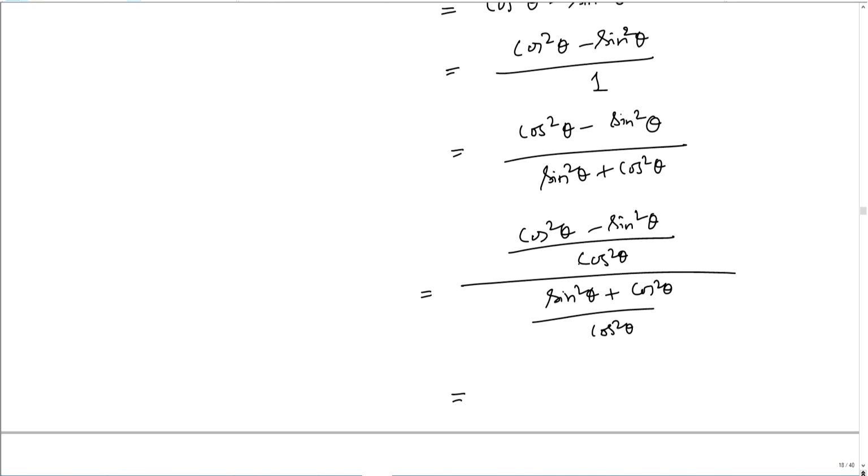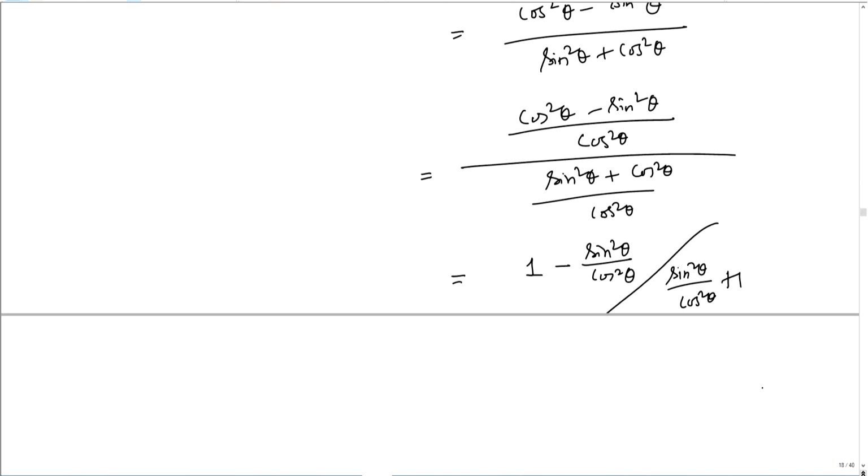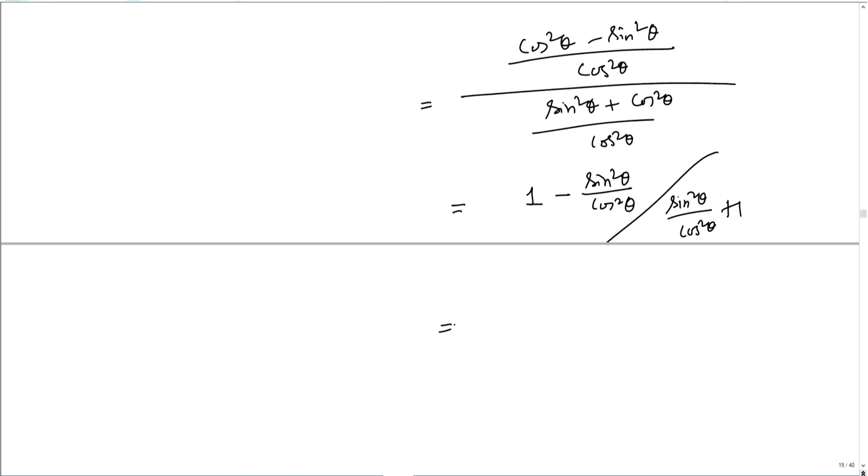When we do this, the cos square theta in the numerator will cancel out, so you will have just 1 left here, and on this side you would have sin square theta divided by cos square theta. In the denominator, you have sin square theta by cos square theta plus 1. Now, sin theta by cos theta is tan theta.